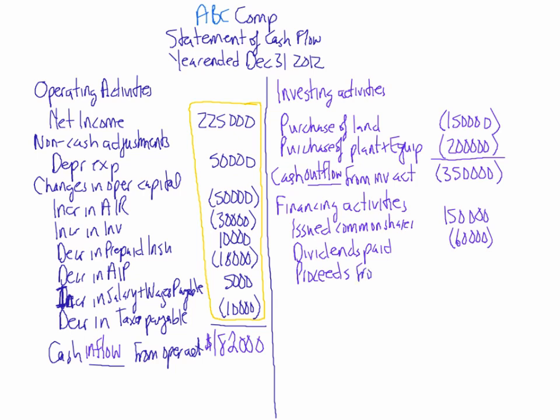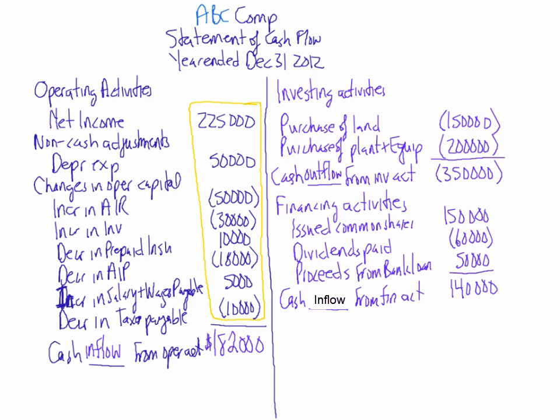And that is 50,000. Now I'm going to do my subtotal, and I'm going to do cash, blank, from financing activities. And what number do we have here? 140,000? Positive.